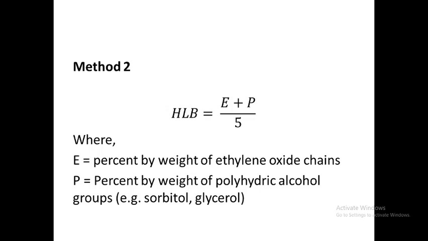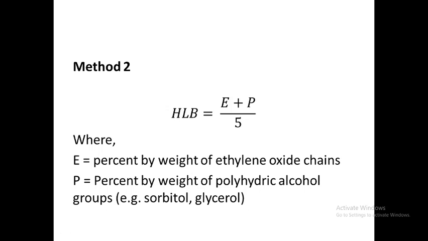The second method is based on the percentage by weight of ethylene oxide chains and polyhydric alcohol groups in the surfactant structure. According to this method, the HLB value can be calculated using a simple formula, that is E plus P divided by 5. E indicates the percentage by weight of ethylene oxide chains and P indicates the percentage by weight of polyhydric alcohol groups like sorbitol, glycerol, right?